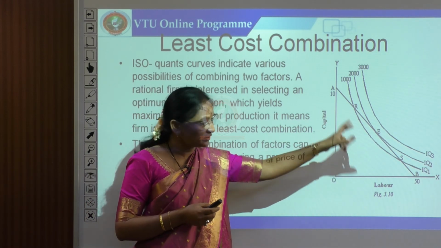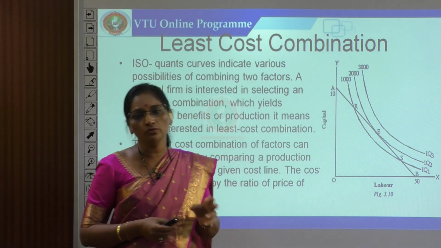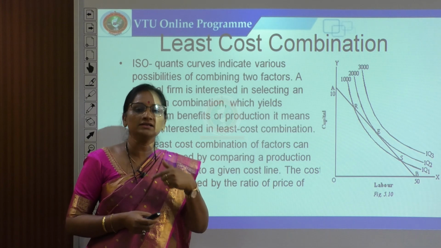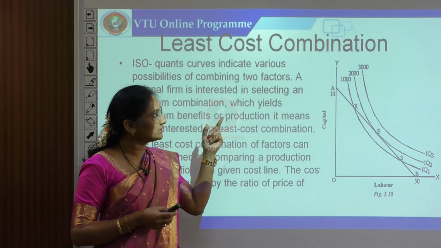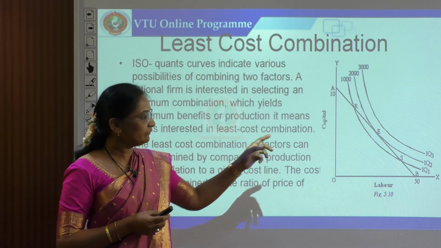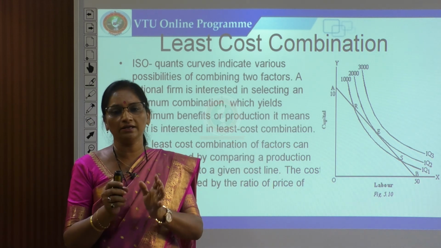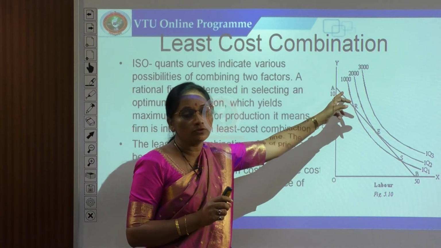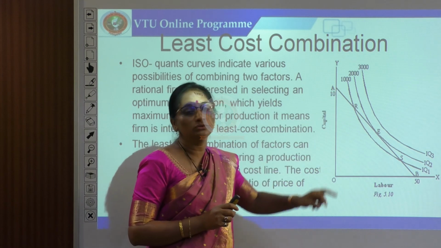See, they are producing the same level of output, but if you have a proper combination of the factors, you can enhance the productivity. That can be understood with the help of the least cost combination concept. When they match the capital and labor properly, that will help them increase the output level from 1000 units to 2000 units.